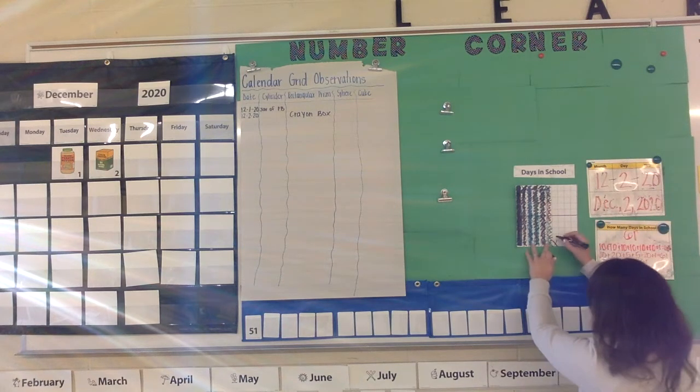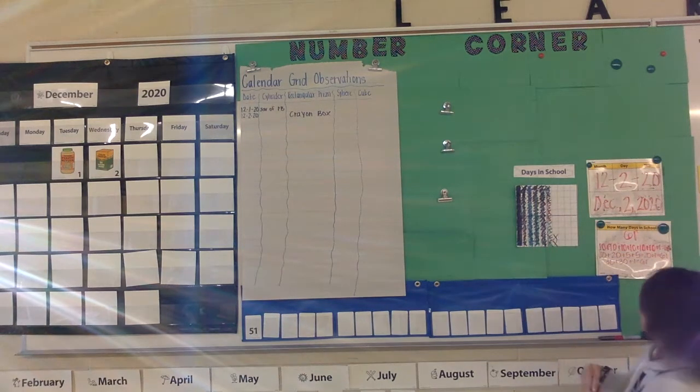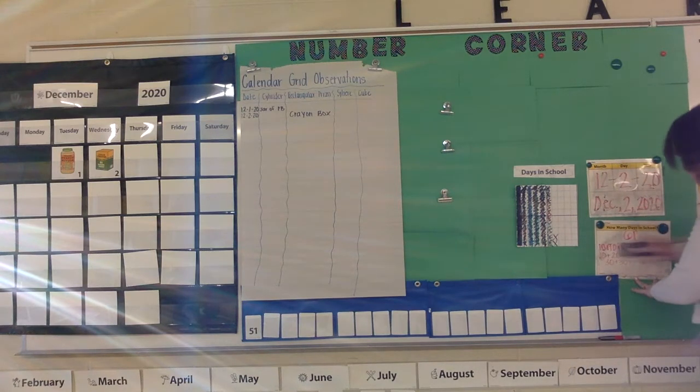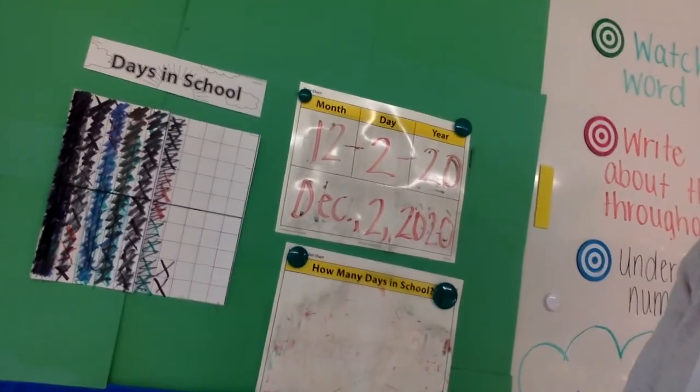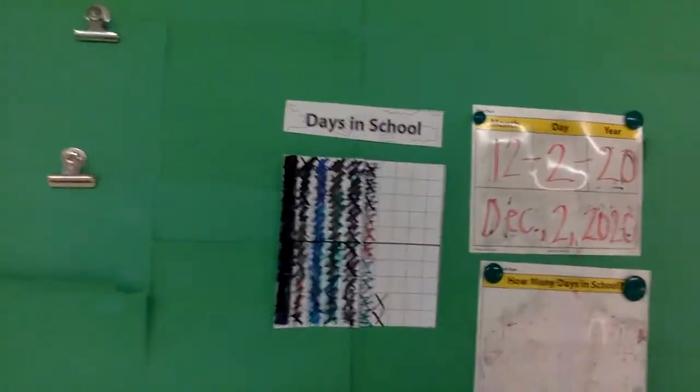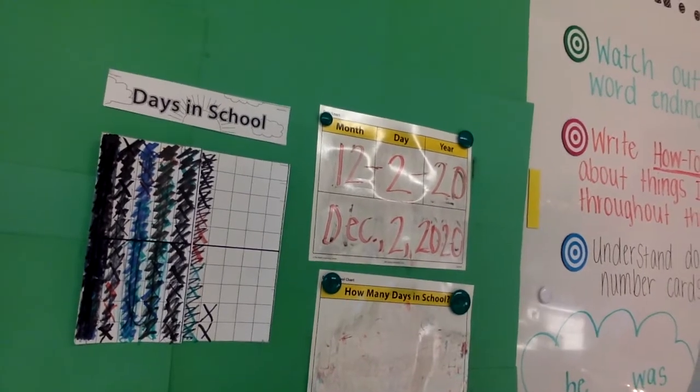And I'm going to mark an X for our days in school. Yesterday was 61. What is today? I'm going to bring it over a little bit closer so you can think about how you're getting that answer. What is today? What are you doing to get that answer?